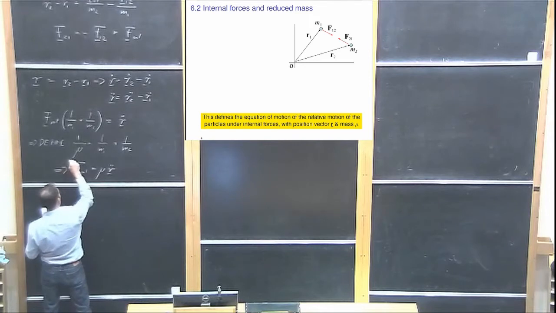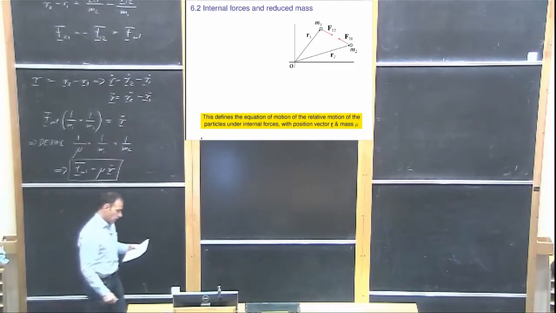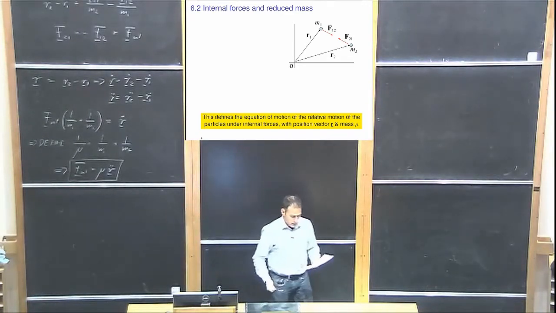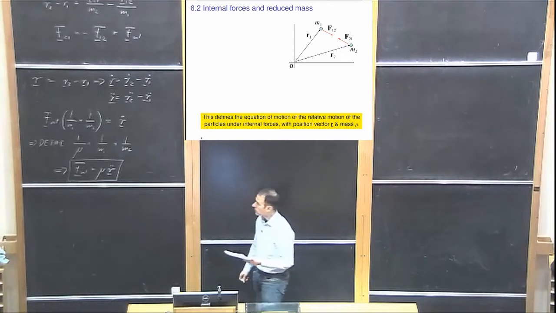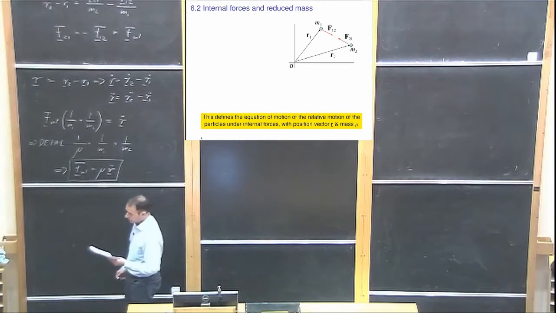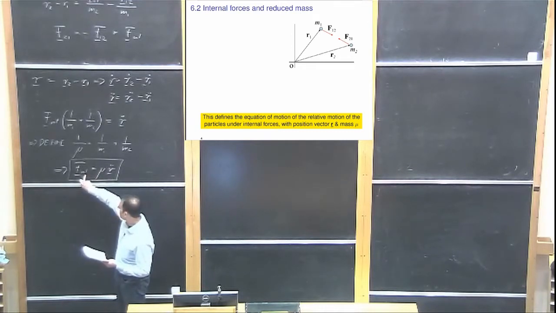So we now have an equation of motion involving the internal force and the relative acceleration R double dot. That's the difference between both vectors. So we've got the reduced mass, the relative acceleration, and the internal force.